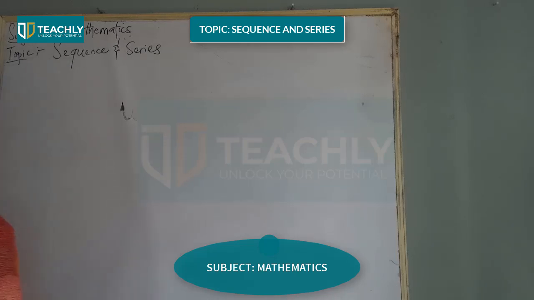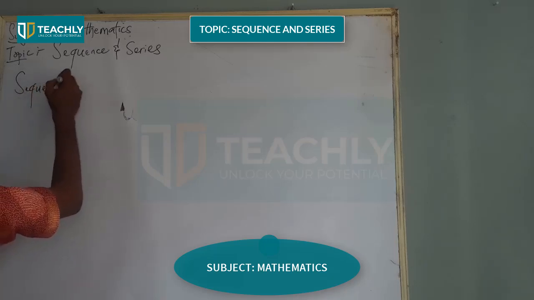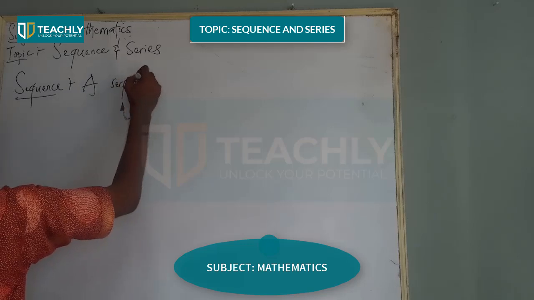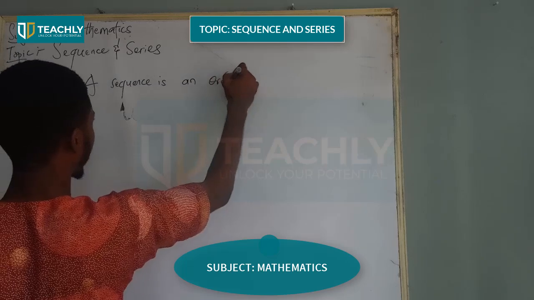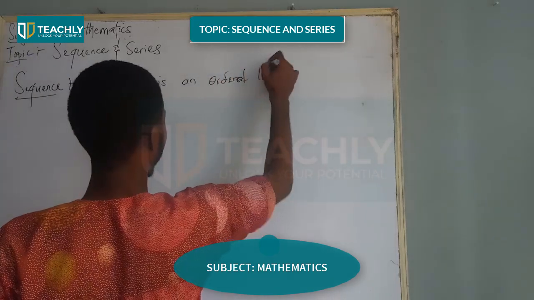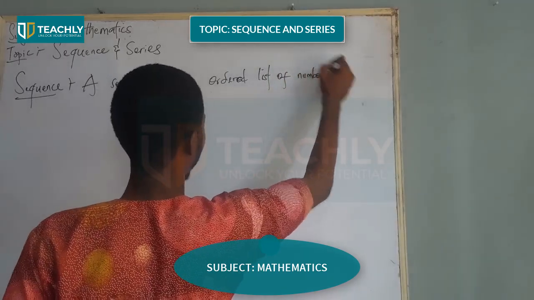What is a sequence? A sequence is an ordered list of numbers.